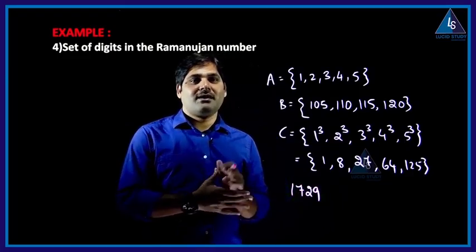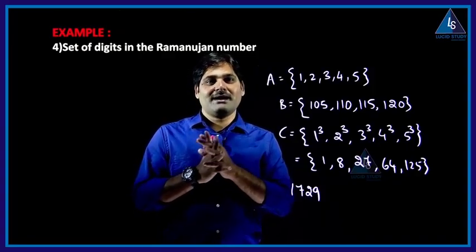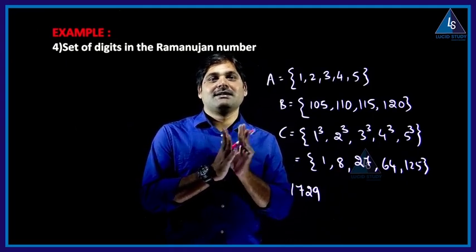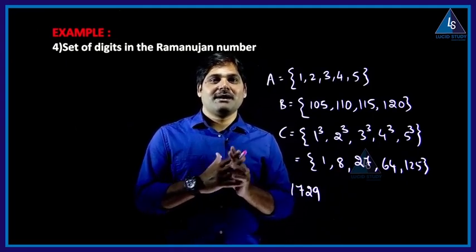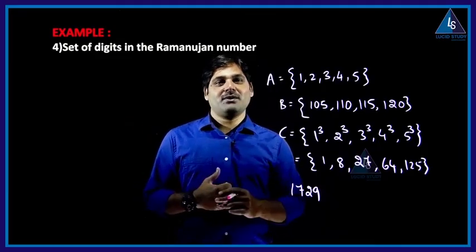So before the death of Ramanujan, he was very ill. So his friend Hardy went and visited Ramanujan once. So Ramanujan immediately saw his car number, that is 1729.